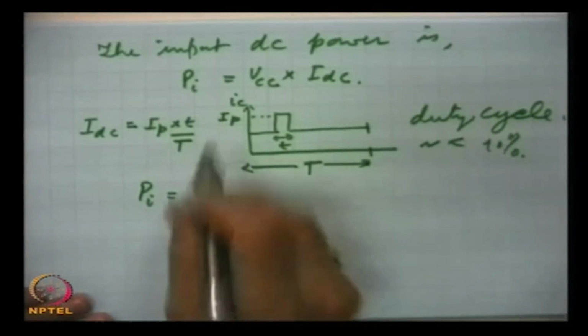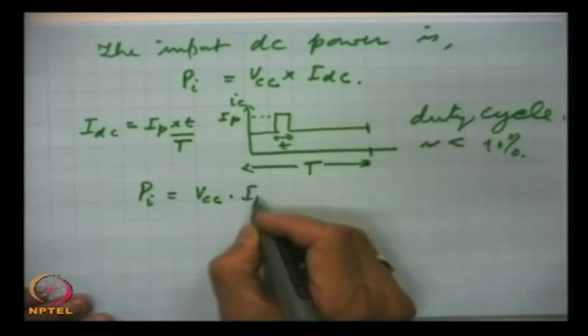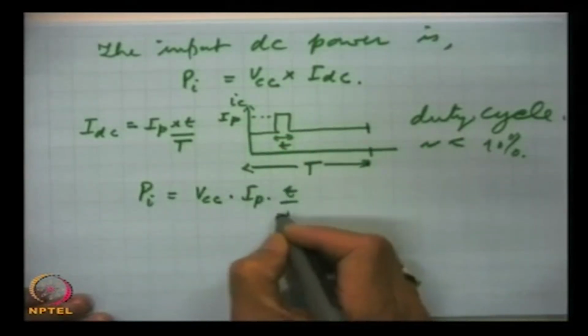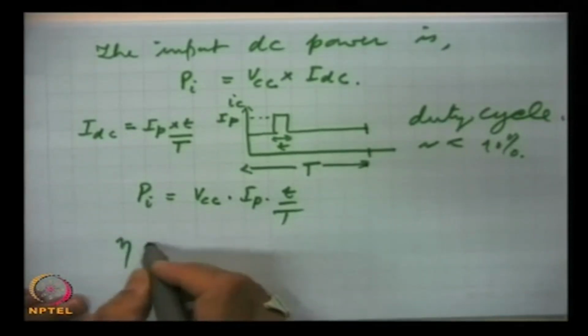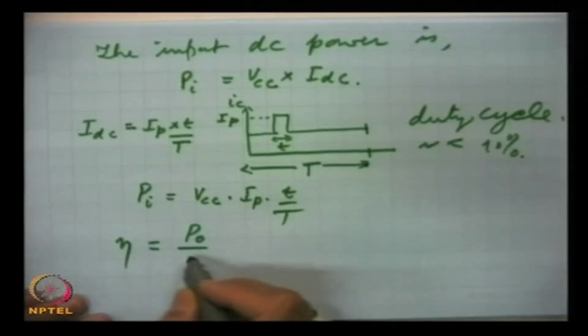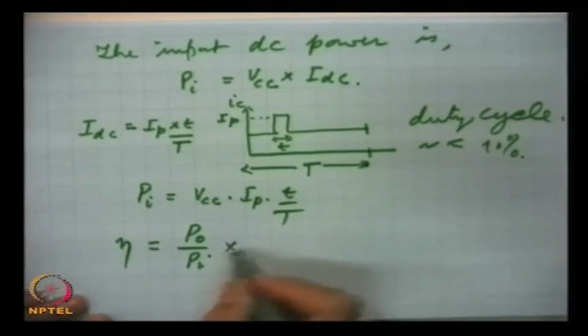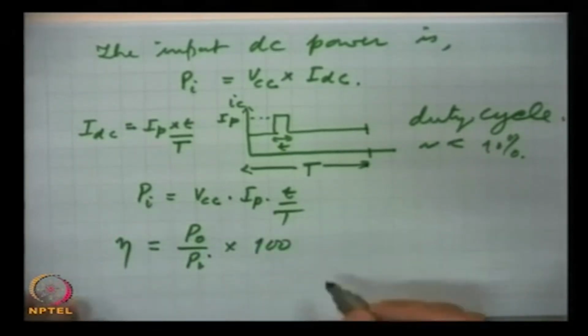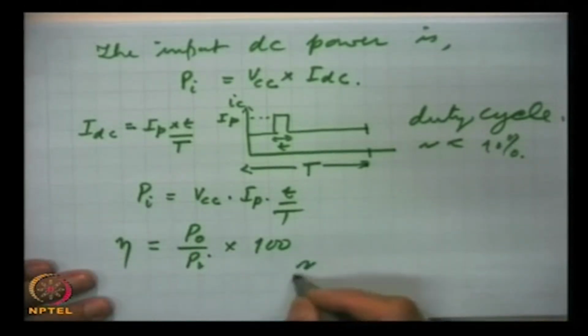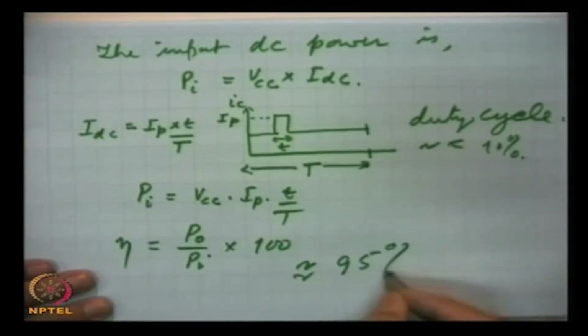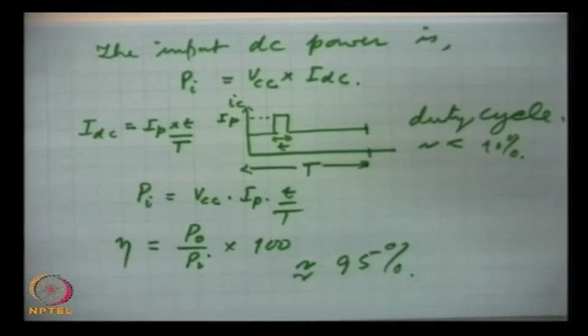So, this is to be replaced by Ip t by T, and then efficiency P0 by PI into 100. This is the percent efficiency, and for class C operation it comes close to 95%.